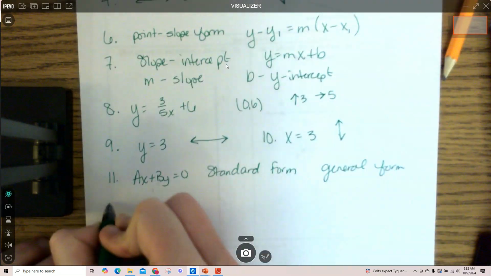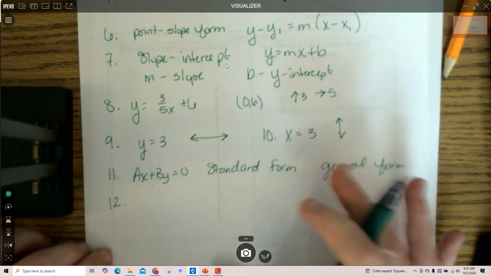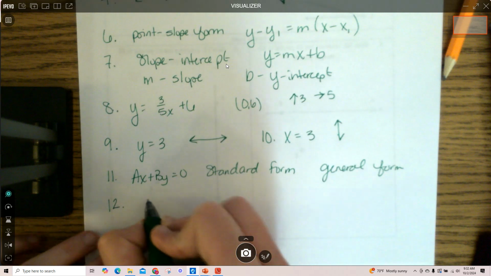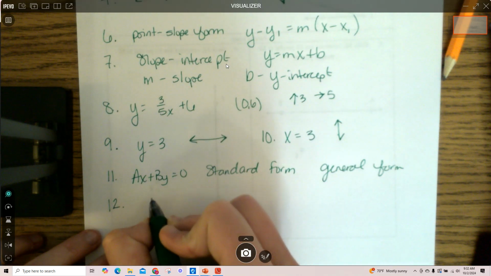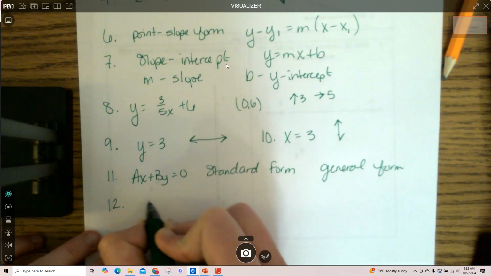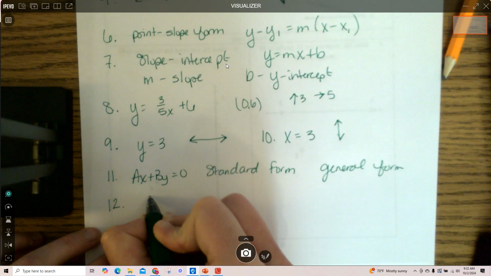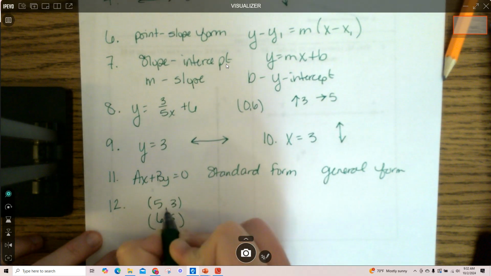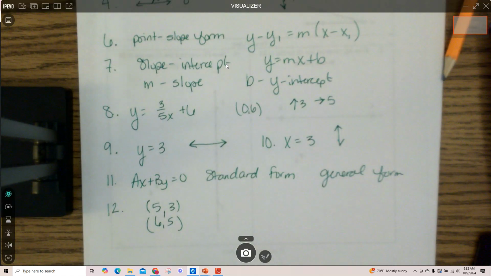Okay. 12. Find the slope of the line passing through the points given below, or state the slope is undefined. The points are 5, 3, and 6, 5. She's going to want you to use the slope formula.